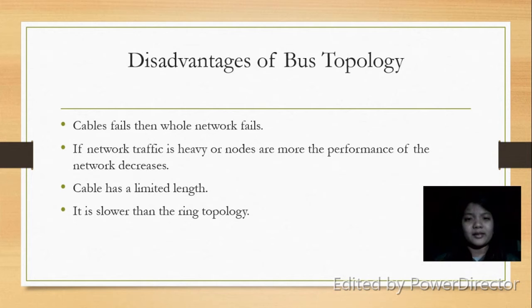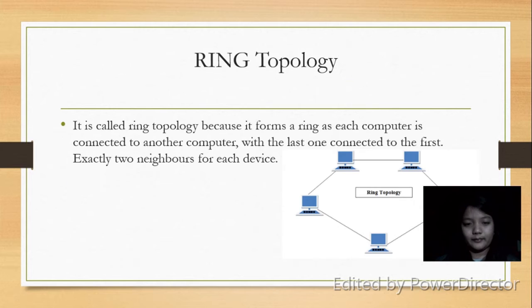Since it is only a single cable, when the traffic is heavy, the performance of this network decreases. Then cable has a limited length. Then it is slower than the ring topology. The ring topology, we will discuss that later.